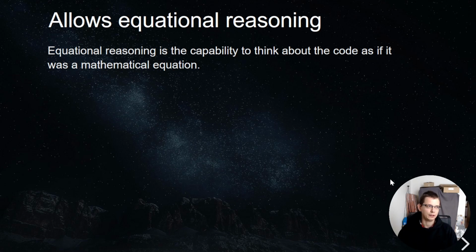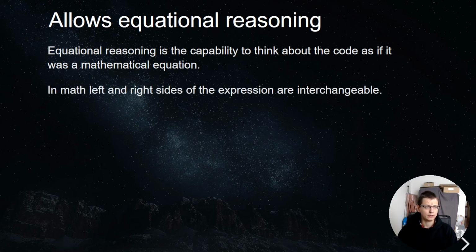Everybody who's a programmer probably studied some sort of math in school or university. And in math, the left and right sides of an expression are interchangeable. So if you say a equals 5, that means 5 equals a, and vice versa.